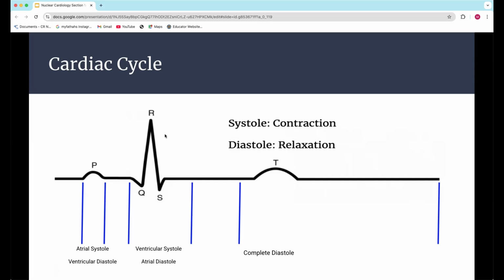Then the QRS complex, that's when we have ventricular systole, which we're used to talking about on a blood pressure, systolic. And then atrial diastole, again, is those atria are relaxed, okay? And then the T wave, again, represents complete diastole. So everything goes back to relaxation at that point, okay? So again, we're thinking about what's contracting when and what that means.